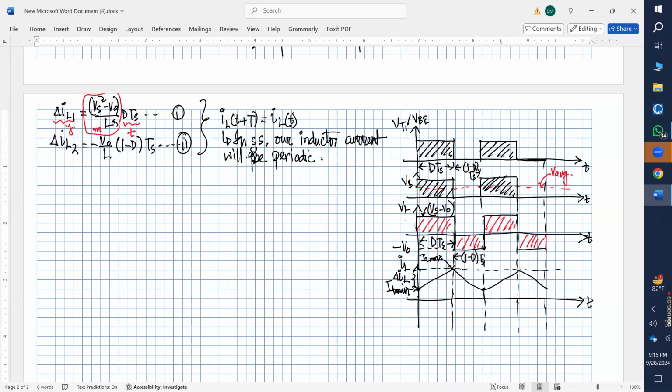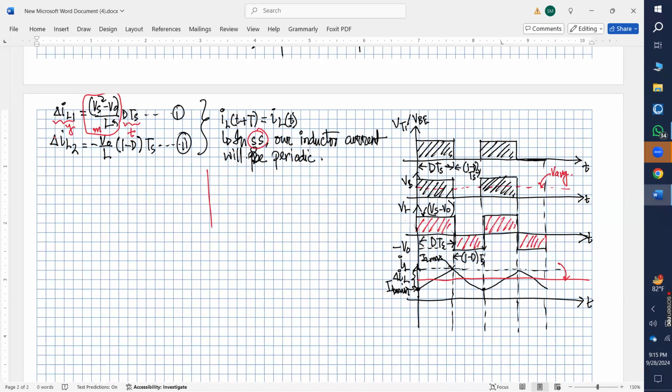Now for the inductor, any question? Sir, why is it not starting from zero? Because we are considering it in the steady state value, right?